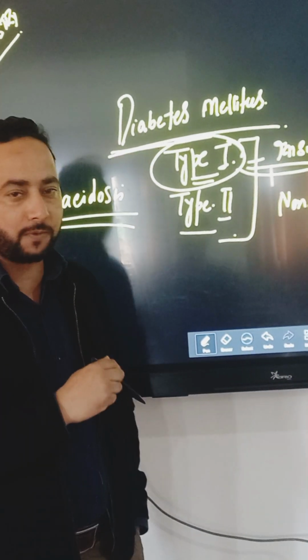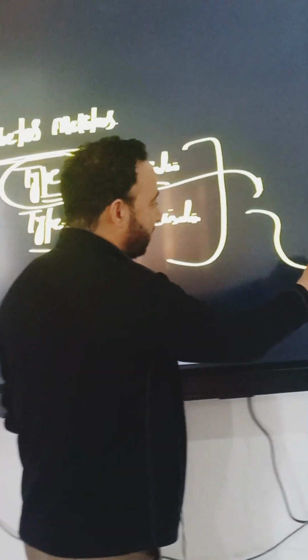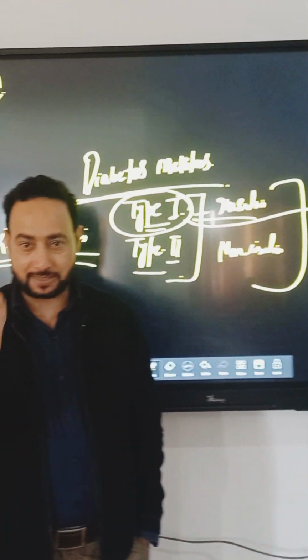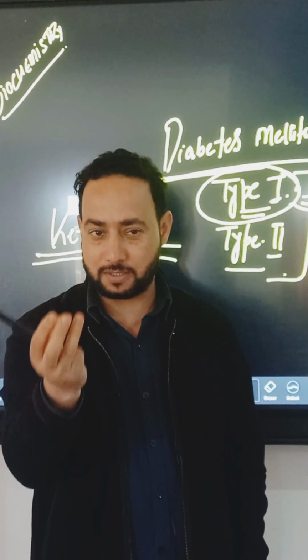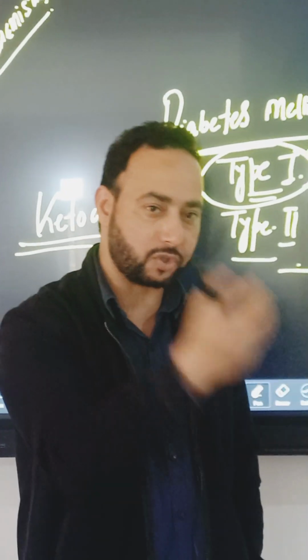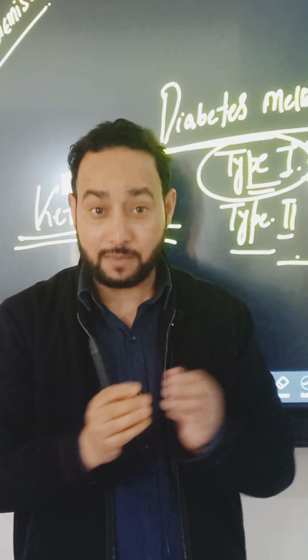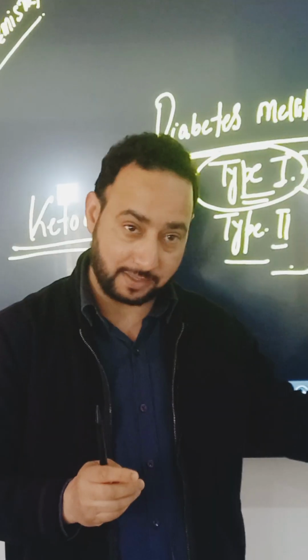Due to insulin deficiency, there is surplus of glucose in the bloodstream, but the cells cannot utilize this glucose, either due to deficiency of receptors. We sometimes call it scarcity in plenty. We have enough glucose available in the bloodstream, but it is not utilized by the cells.